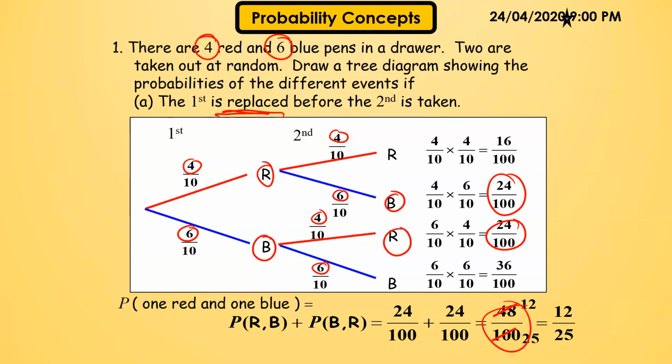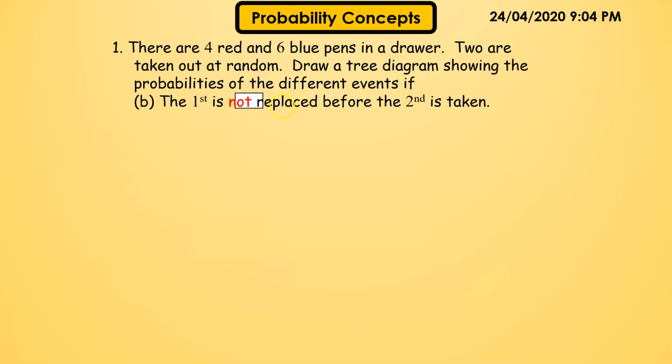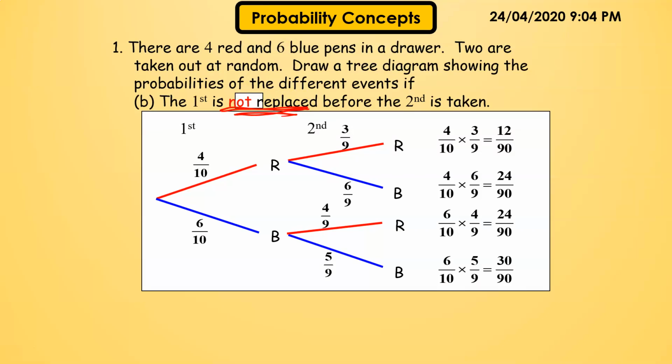So if we look at B, where things are not replaced, it's the same tree diagram, but you can see here that rather than it being 4 here, it's now 3 in the second one. Because you've chosen a red first, it reduces down. Likewise, there are 10 pens in total the first time. Because it doesn't get replaced when you choose it the second time, it reduces to 9. So it makes a big difference looking at that not replacement thing.